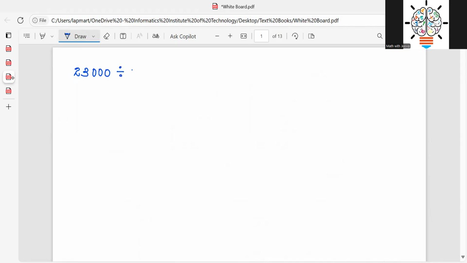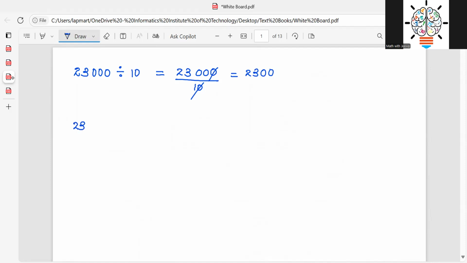Divide by 10. What will happen? I write it like this. It's easier for me. So this 0 and 0 will cancel. 2,300 will be the answer.